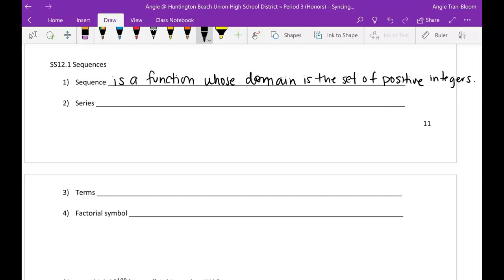Series is the sum of all the terms of a sequence.